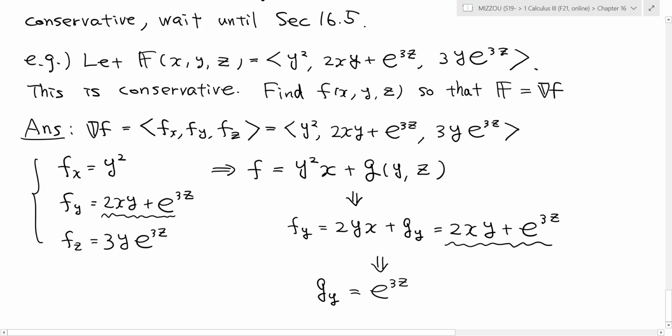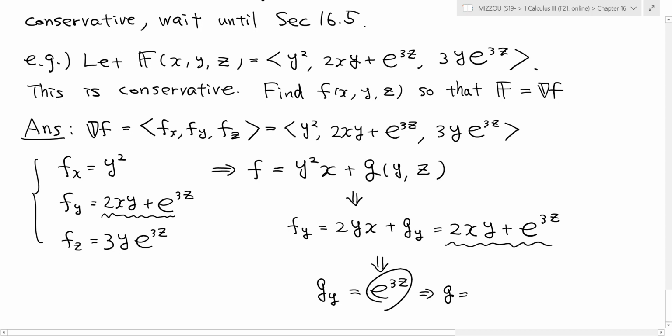Okay, then now here we want to recover g, but g is a function of y and z, and if you differentiate it with y, you get this. So that means in order to recover g, what you have to do is to integrate this with y.